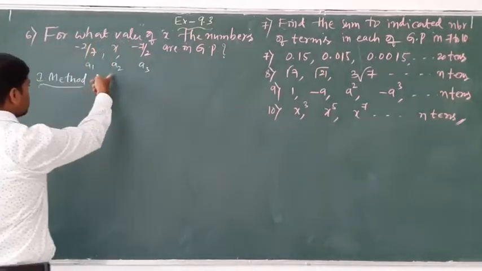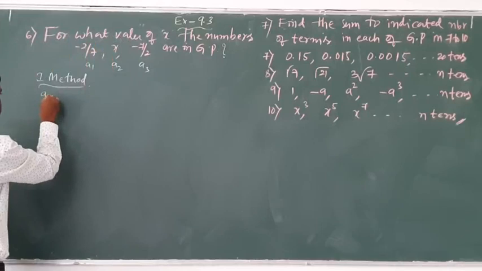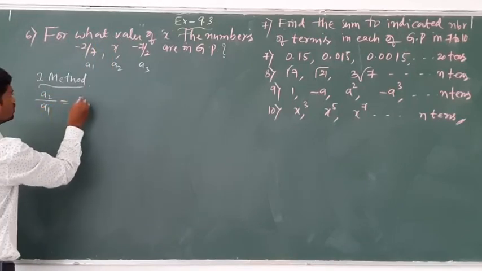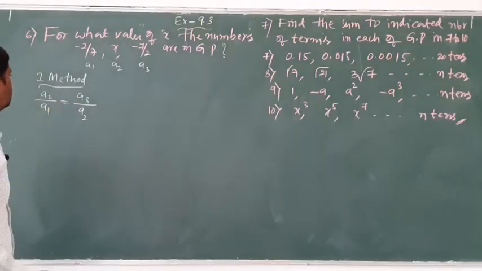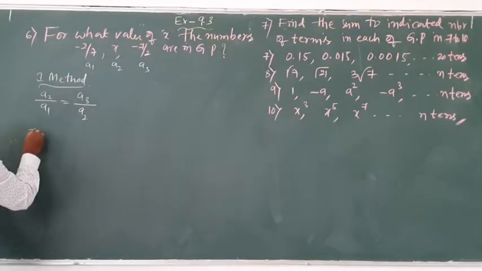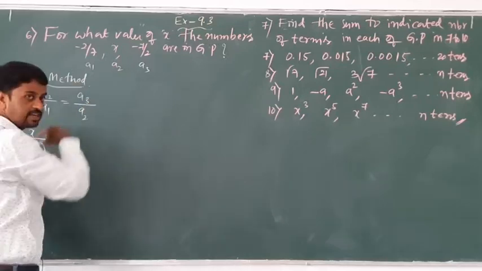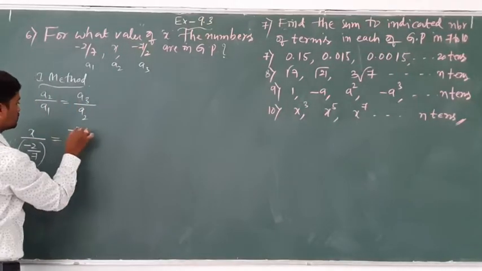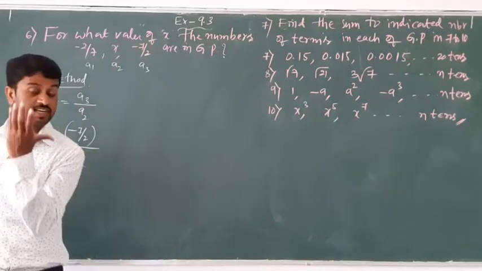Here, in GP means the common ratio is A2 divided by A1. A2 divided by A1 is equal to A3 divided by A2. The first method. Okay, clear? Here A2 means x divided by minus 2 divided by 7, is equal to, what is A3? Tell me. According to the given question, minus 7 by 2 divided by x. What is the next step?